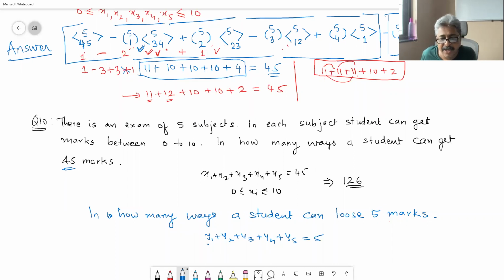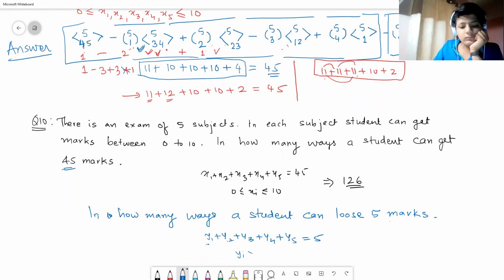In the first subject, he can lose marks between 0 to 5. Yes or no? In the second subject, he can lose marks similarly. All yi's are greater than or equal to 0.